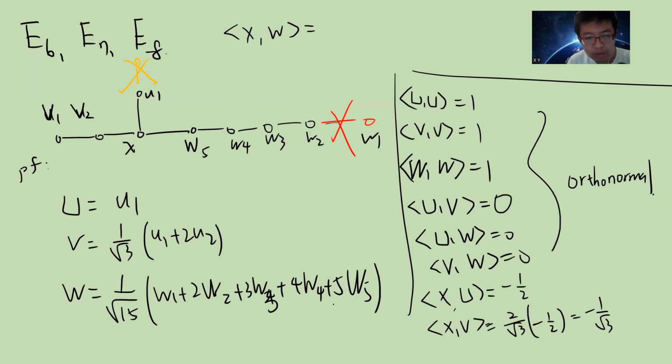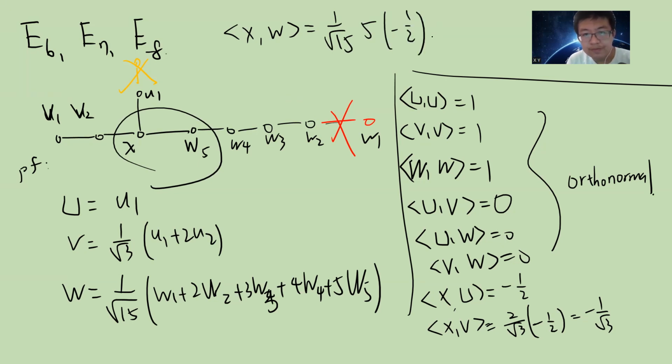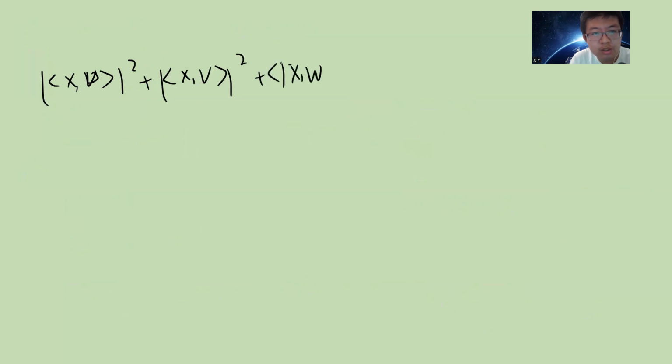So xw will be this one, right? So 1 over square root of 15, 5 times negative half. Okay, so I do this computation with xu, xv and xw.